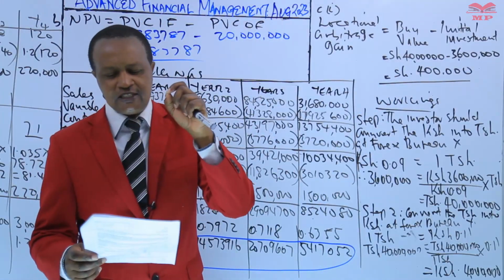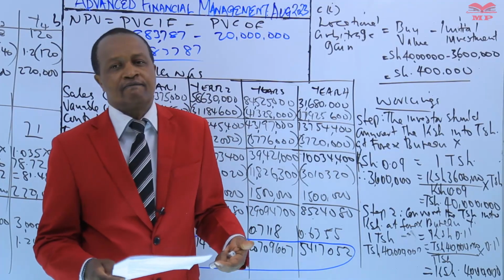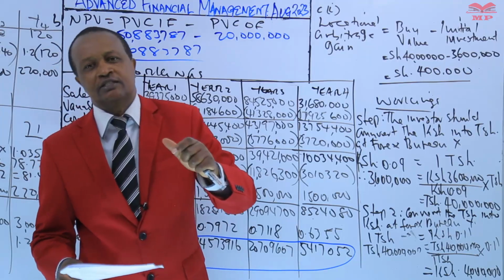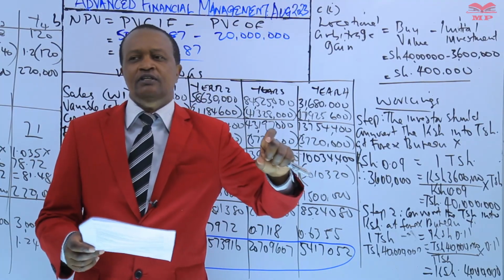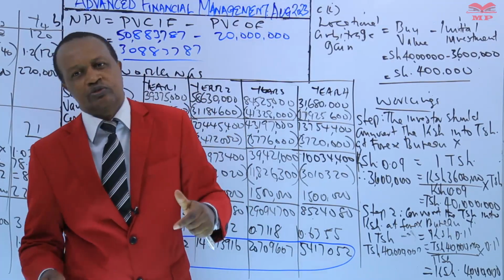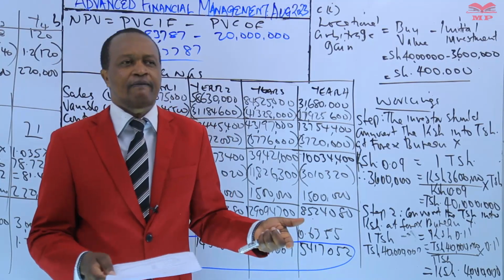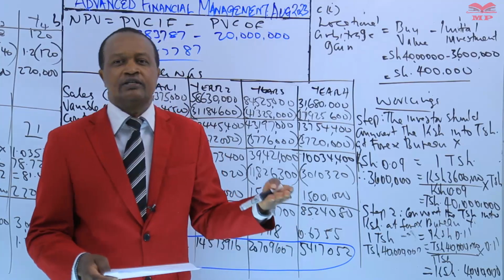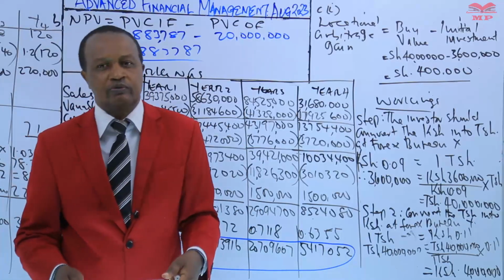So the condition that must exist for arbitrage to happen is that there has to be price discrepancies for the same asset in different markets or locations. And that means the asset could be what we have just seen here, currency, it could be stocks, it could be commodities, and so on.